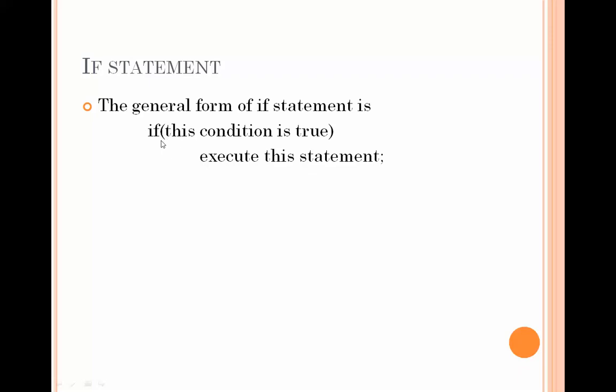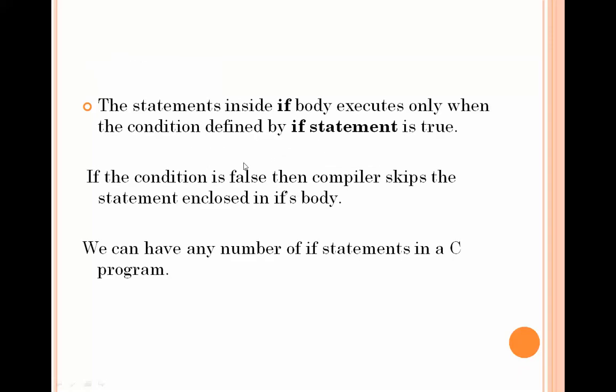So this is the syntax, how we syntactically write it. The statements inside the if body execute only when the condition defined by the if statement is true. If the condition is false, then the compiler skips the statements enclosed in the if body.